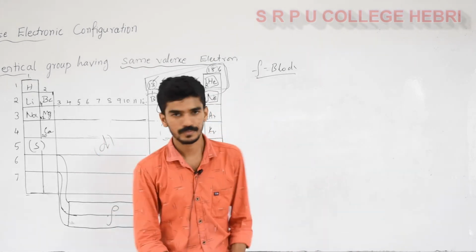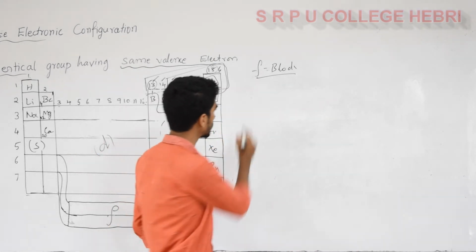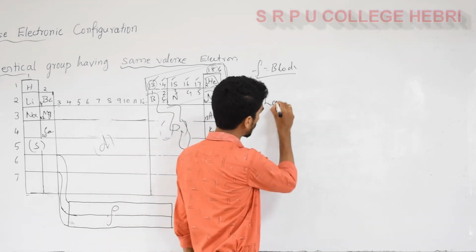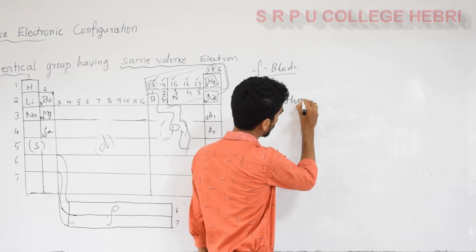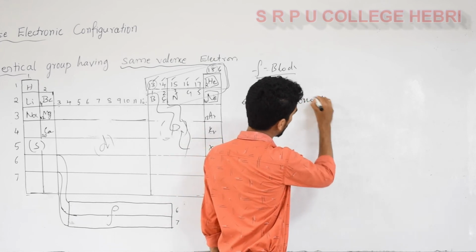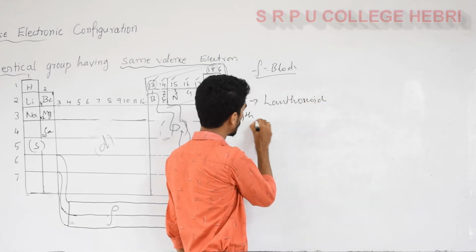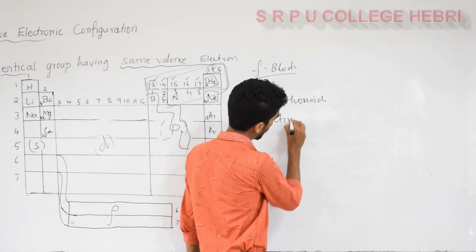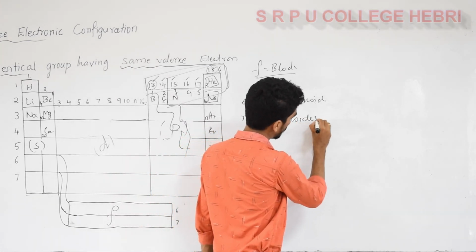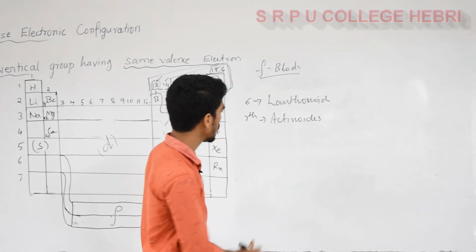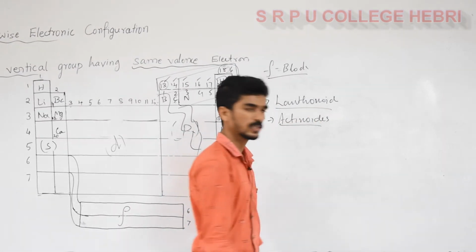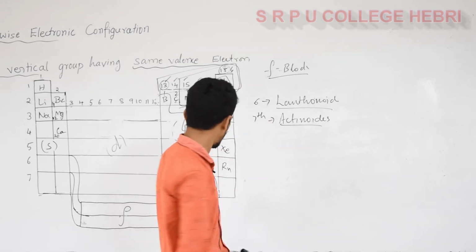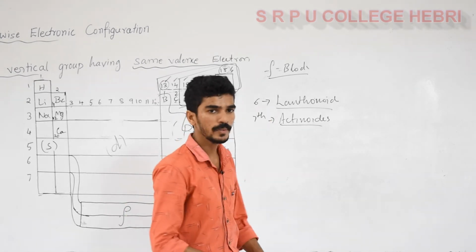So here these two groups are generally called the lanthanoid series, that is the sixth period, and the seventh period is called the actinoid series. You should just remember the names of the particular groups. But where are they located? Below the periodic table.